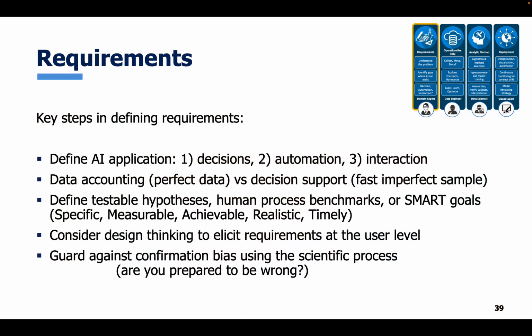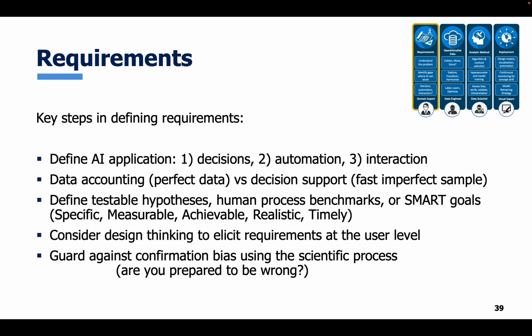When we deal with data, there is either data accounting, which is I need to get my invoices ready for billing, or I need to prepare for an audit, something like that, where the data has to be perfect. You're not really making decisions as you are tracking this data for future use or for some sort of regulatory compliance. That is data accounting, which is very different than decision support.